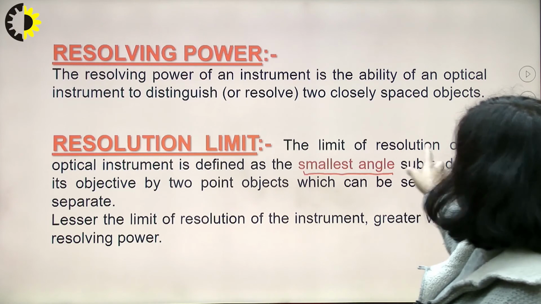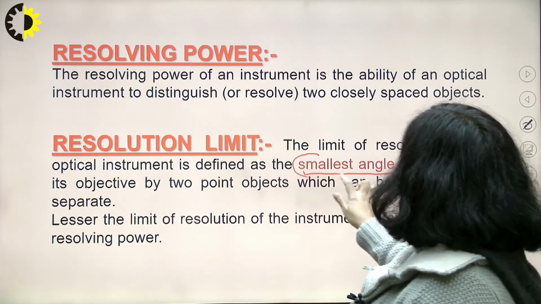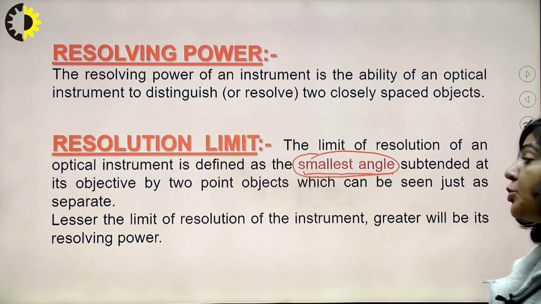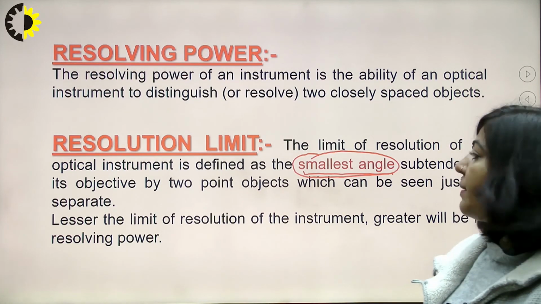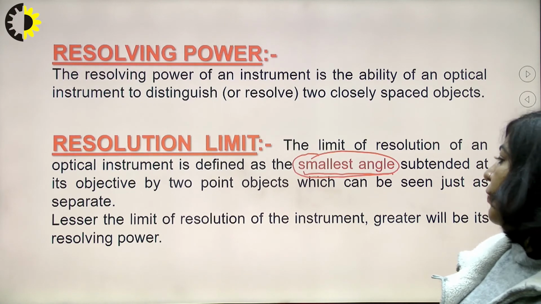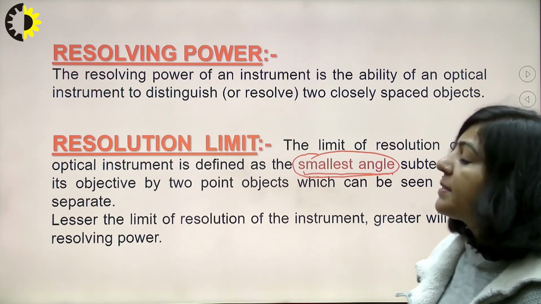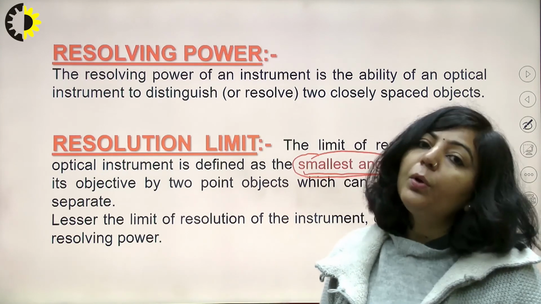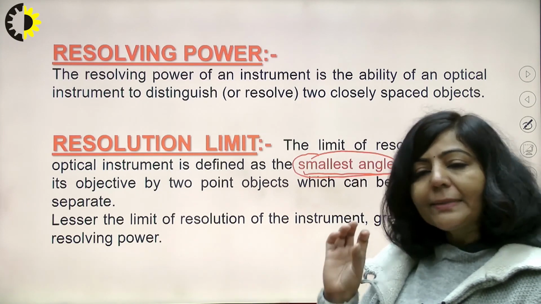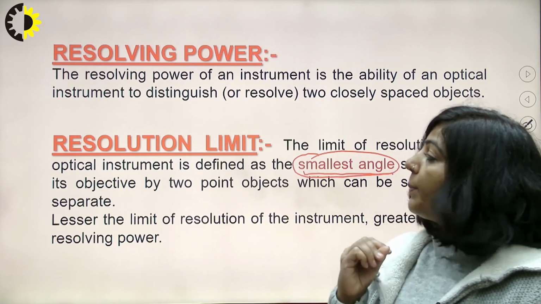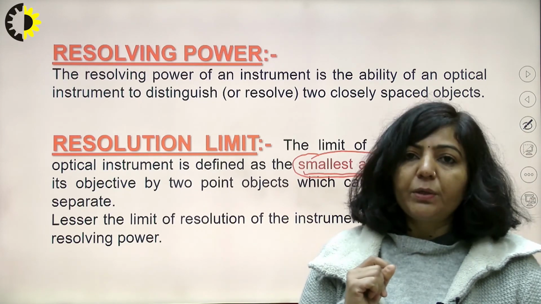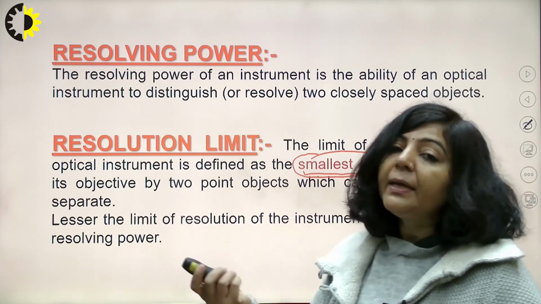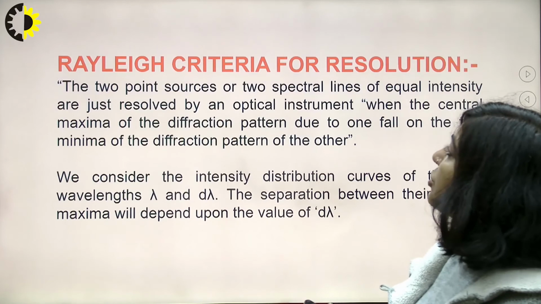The lesser the limit of resolution of the instrument, the greater will be its resolving power, because resolving power is inversely proportional to the limit of resolution. So this is about the meaning of resolving power and limit of resolution.